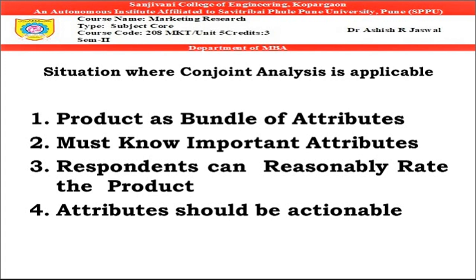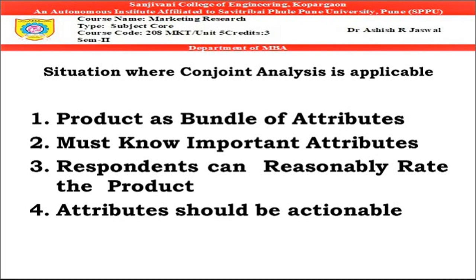That means, unless and until the respondent is familiar with the product category, conjoint analysis cannot be applicable, which makes very clear that for revolutionary categories, conjoint analysis would not be an appropriate technique.